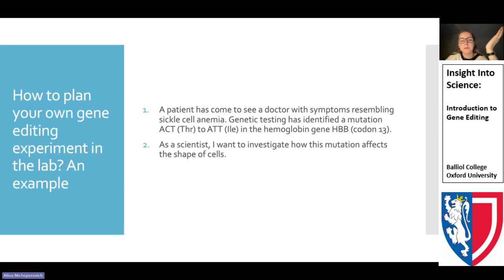So here we have a very precise question: how does this mutation affect the shape of red blood cells and their function? In terms of our model system, we would want to use cells, more specifically blood stem cells, because we can't edit red blood cells directly because they don't have a nucleus, as some of you might know.